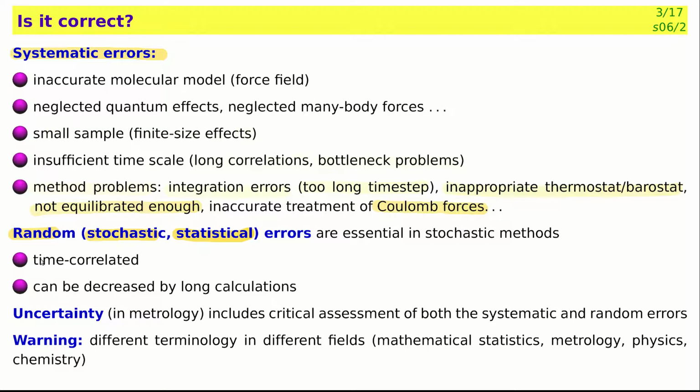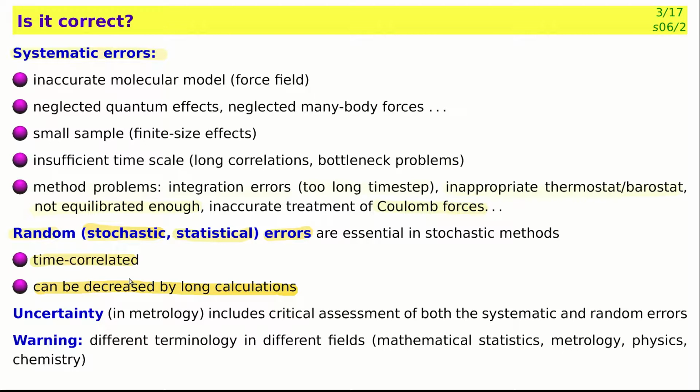That is, these configurations are time correlated, and also these errors are correlated in time, which must be taken into account in estimating the inaccuracies of the result. In general, these stochastic errors can be decreased for long calculations, so it's important to devise the pseudo experiment with a good length.